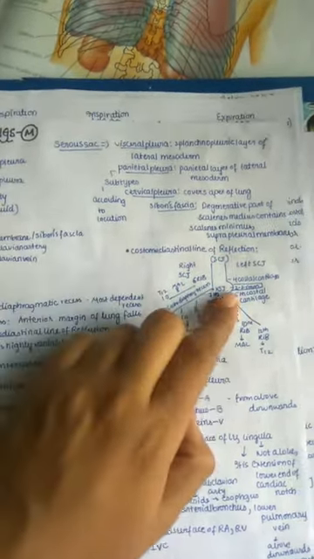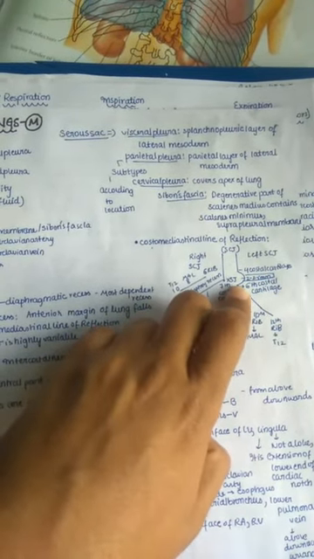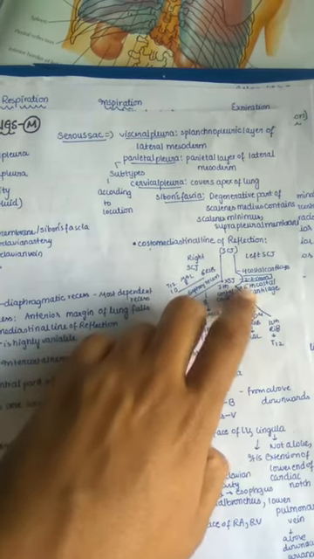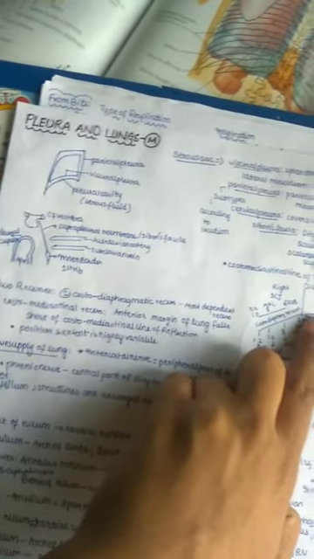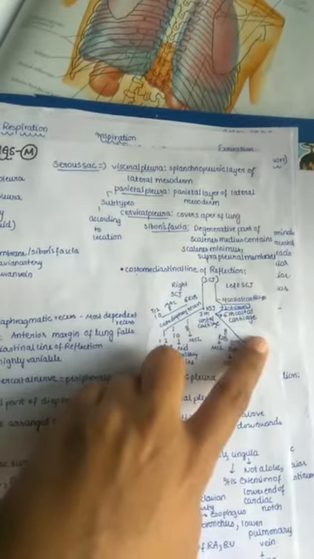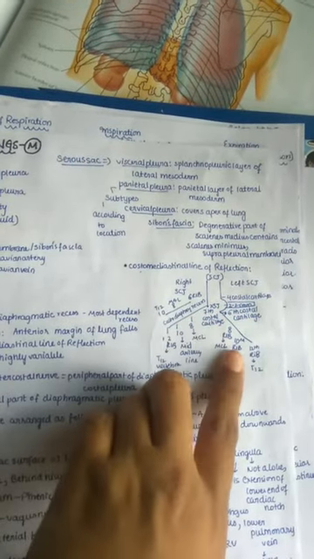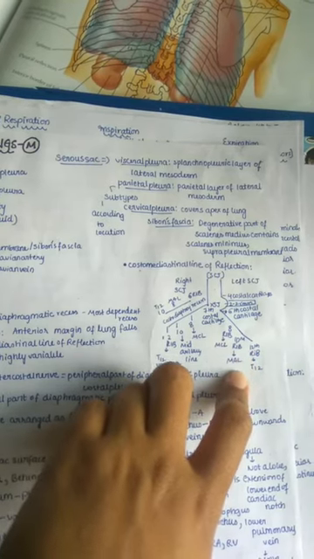Here you can see on the left side we need to draw up to the 4th costal cartilage, and give a 2 to 2.5 millimeter gap, like this. This is known as the costo-mediastinal recess, and this is called the costo-diaphragmatic recess. From the 6th costal cartilage, same as this, we continue. At the 8th rib we have the mid-clavicular line, the 10th rib at the mid-axillary line, and the 12th rib at the T12 location.